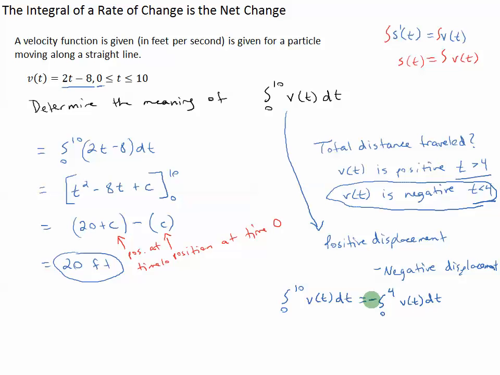So I need to make that a negative value to change that to a positive distance, plus the integral from 4 to 10, and I know that is a positive velocity, so that's already a positive distance. And I'll calculate those two integrals separately, add them together, and that will be my total distance.